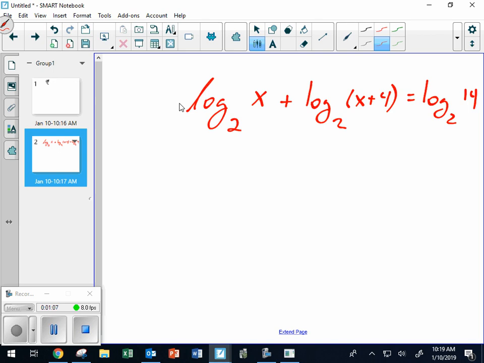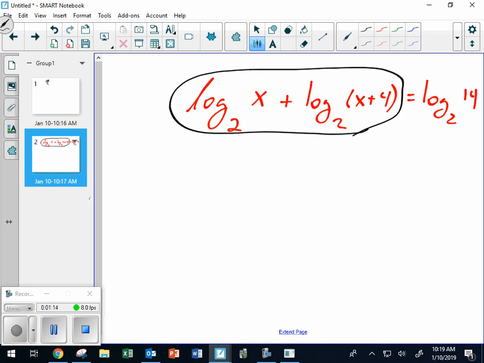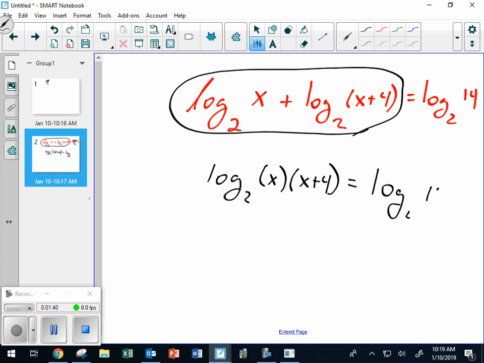All right. First off, do you remember me saying that you'll never solve a log problem unless you get the two logs put together? You have to condense them. All right. So take a moment, put those two together into one log. Log base 2 of x times x plus 4 is equal to log base 2 of 14.